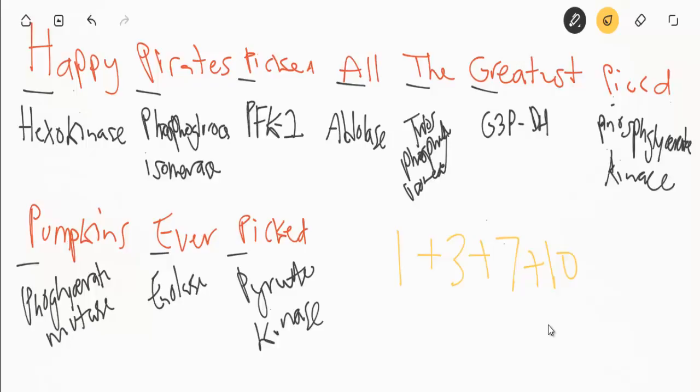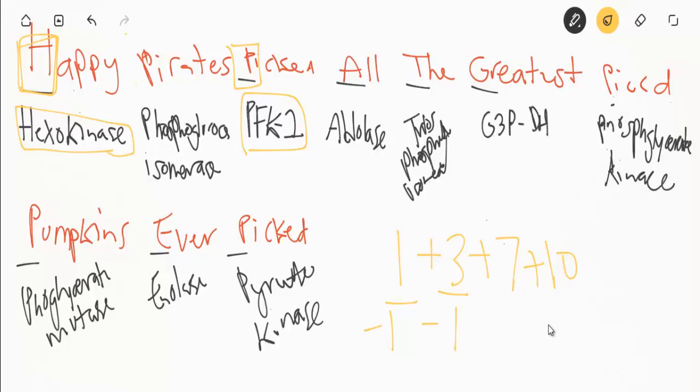We need step 1 and step 10, which is the first step and the last step. So we have phosphofructokinase 1 as enzyme 3, and hexokinase is enzyme 1. So that's 1 and 3. These both require 1 ATP.